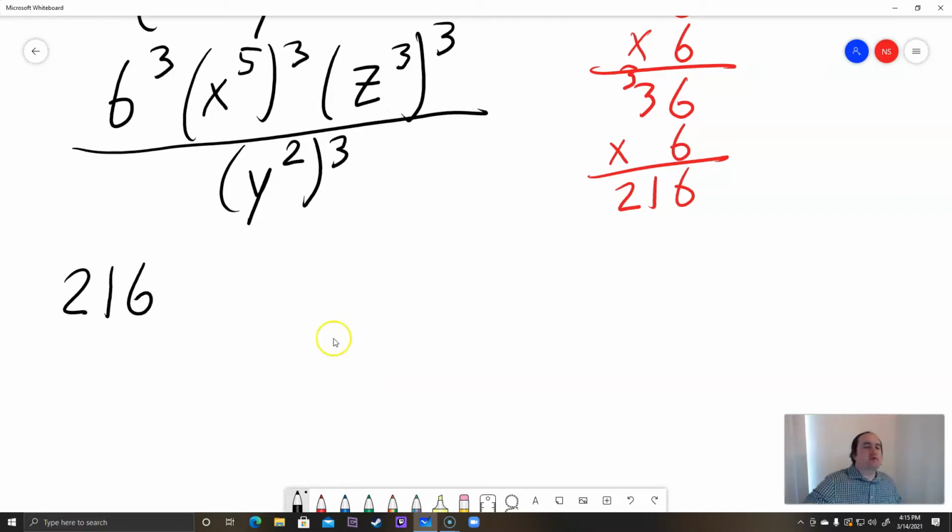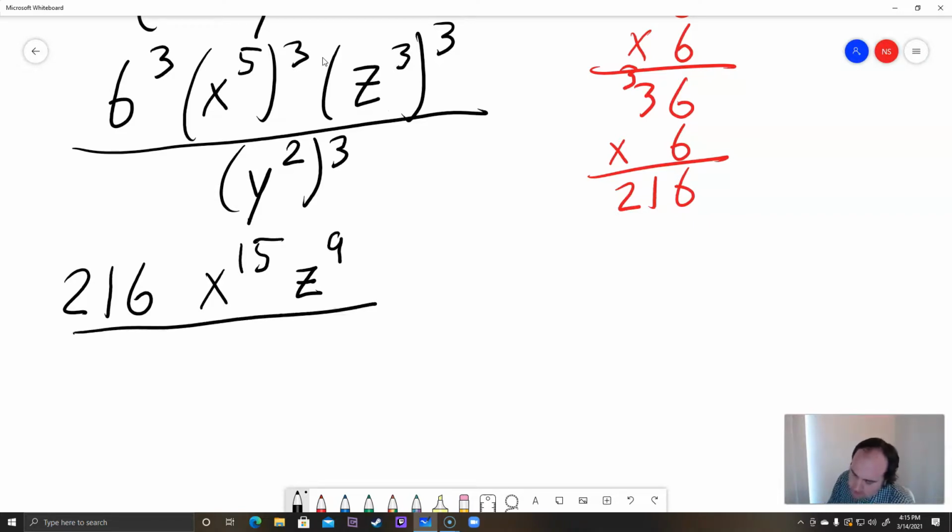And then for all these other exponentials, recognize that we're raising a power to a power. So we're going to be multiplying all of these. So for x to the 5th to the 3rd, we're going to do x to the 5 times 3 is x to the 15. Same thing for z. Z to the 3 times 3 is z to the 9.